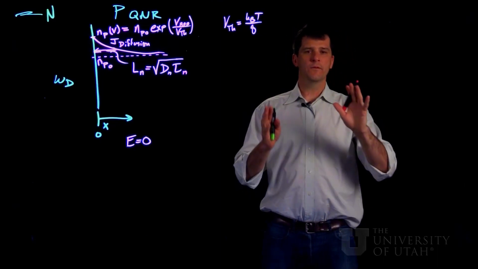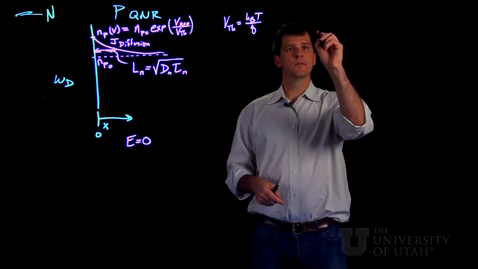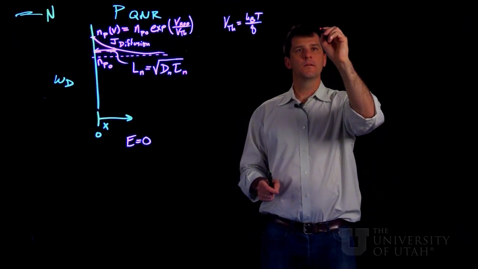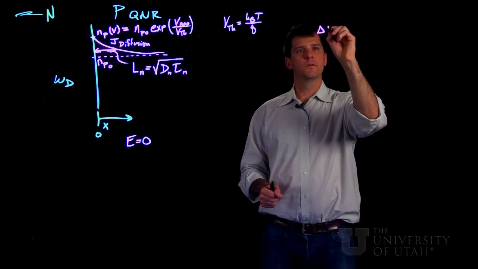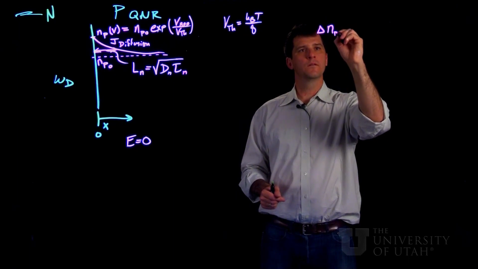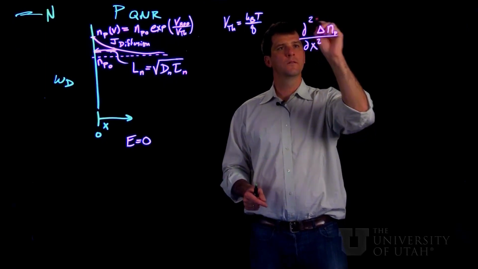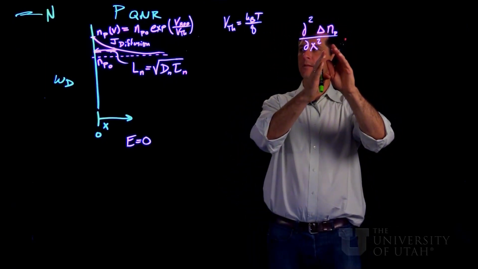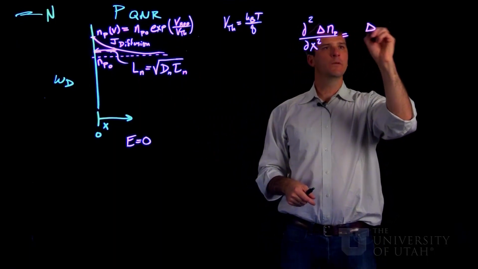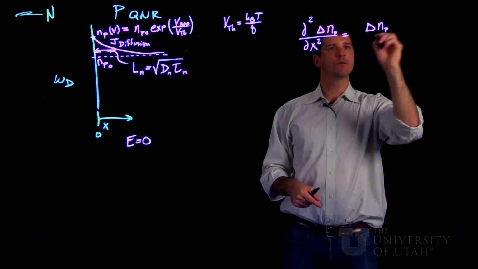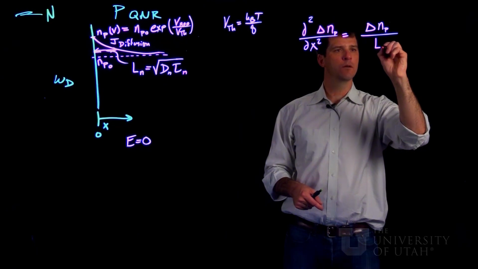So from the drift diffusion equation for excess carriers, we can figure out that the second derivative of the excess carrier population on the p-type side is going to be proportional to itself divided by this diffusion length squared.